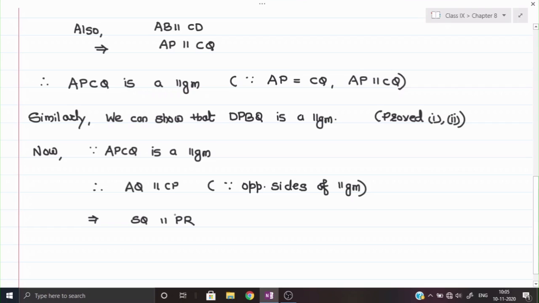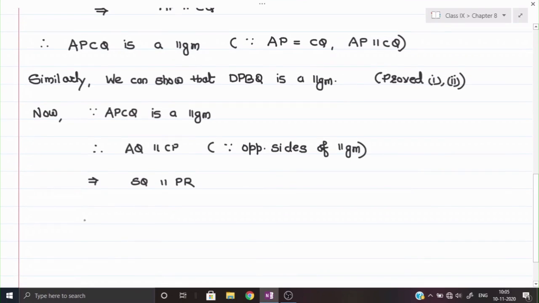Now we will write down further. Also, DPBQ is a parallelogram, that we have proved. So in that also we will get that opposite sides are parallel.